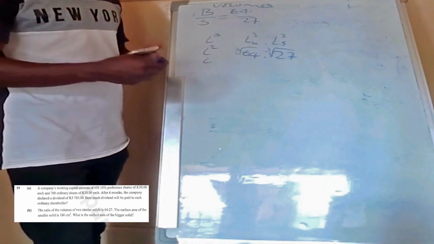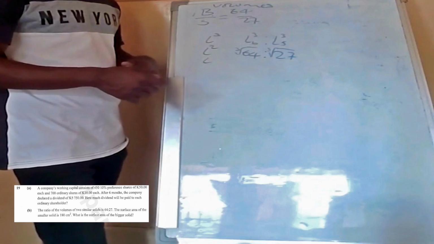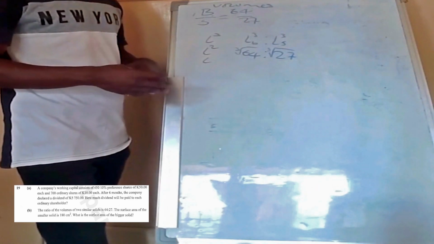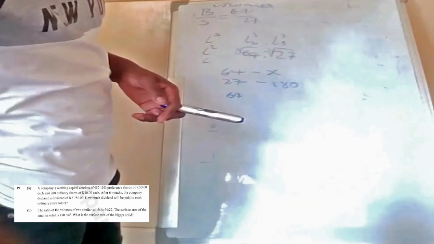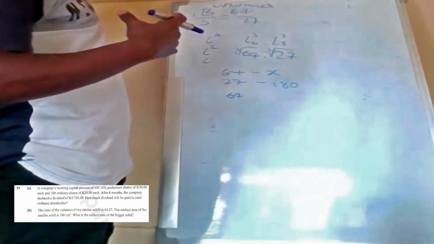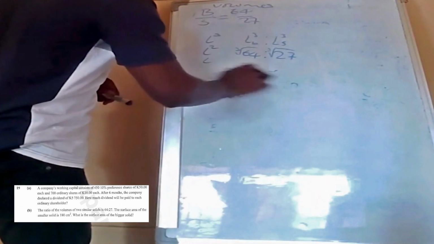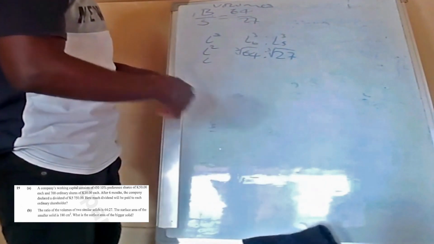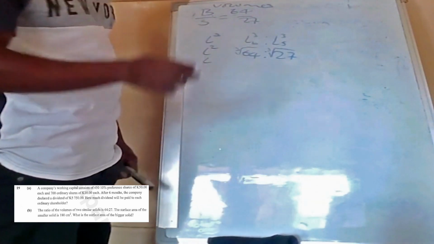So what is the third root of 64 and the third root of 27? Let's think.